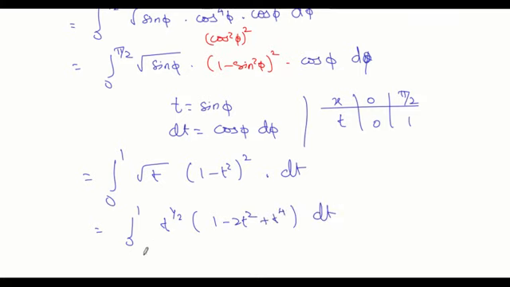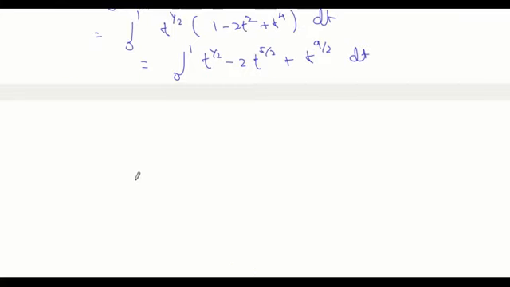Okay, this can be multiplied inside. Integral 0 to 1, it is t power 1 by 2 minus 2 t power 5 by 2, because 1 by 2 plus 2 is 5 by 2, then plus t power 9 by 2 dt. So now we can do the integration on this.